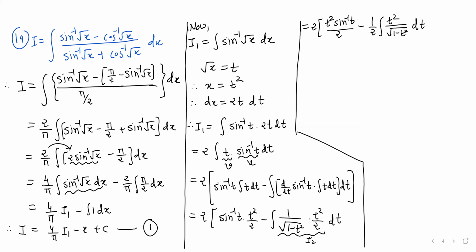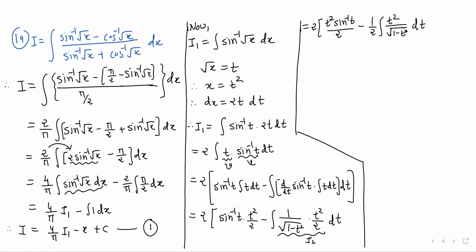Again, try to reduce your denominator. So what do we do? T square is there, in the numerator it has t square. Multiply and divide by minus 1, adding and subtracting 1.